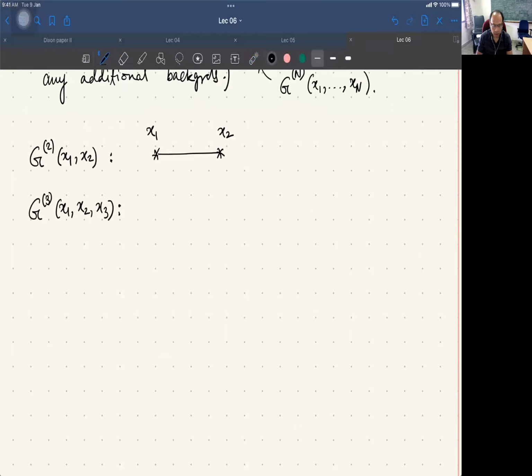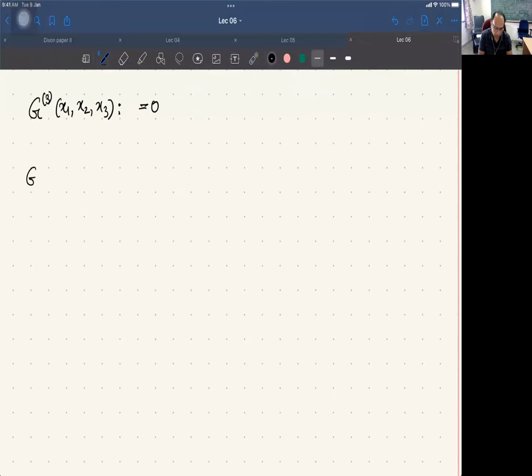There is no way you can draw a diagram which will have three external points. You cannot connect them by lines like that, and therefore the result is 0. This is 0.